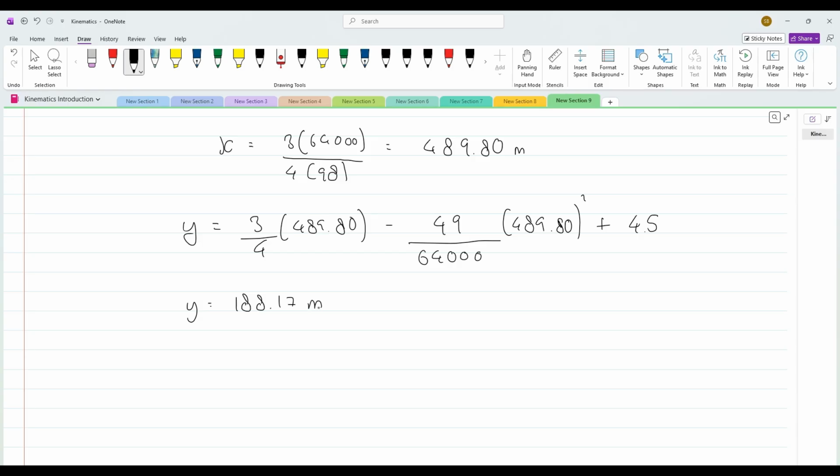So the maximum height that the cannonball travels above the ground is 188.17 meters.